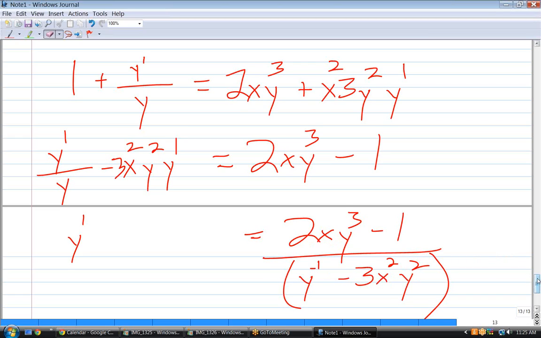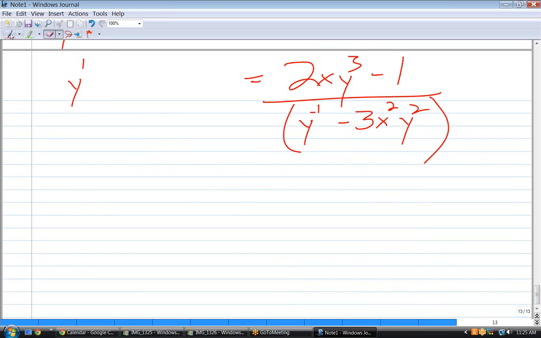There are some things you can do on the right side here that maybe you're not used to doing. I can't do anything to the numerator, but the denominator, I could factor out a y to the minus 1, leaving behind a 1 minus, well, when I divide this whole term by y to the minus 1, I get y to the third there.